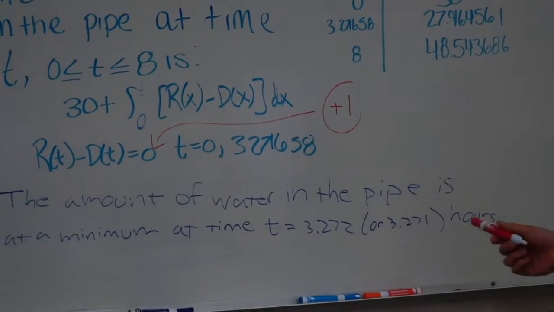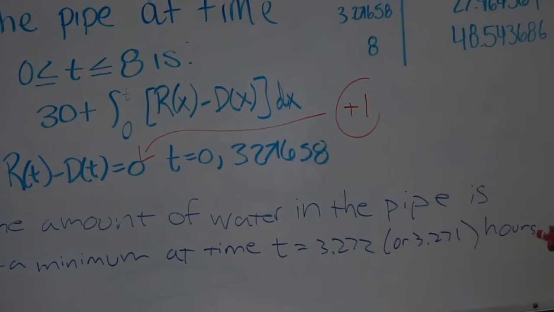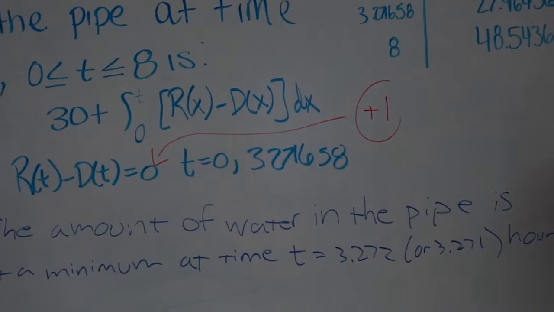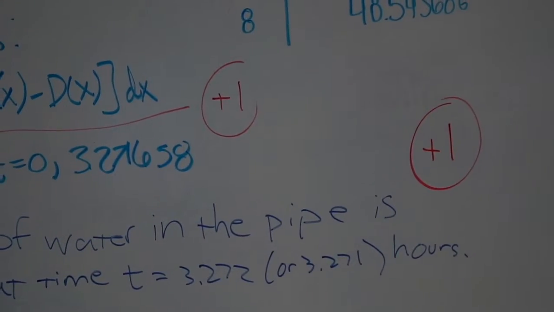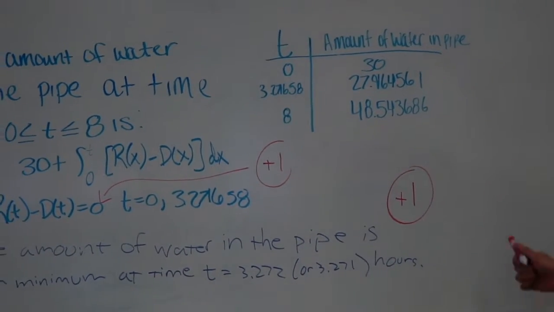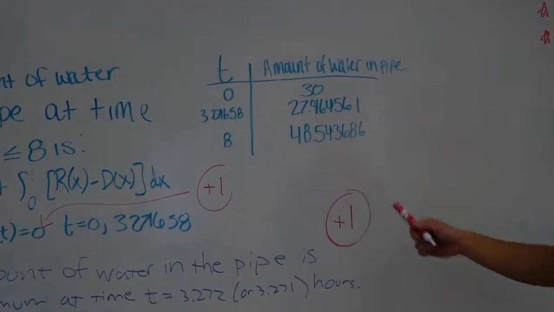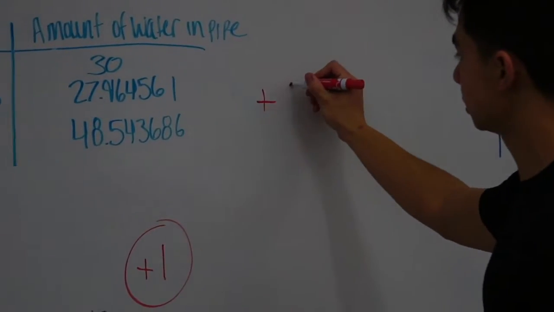The amount of water in the pipe is at a minimum at time t equals 3.272 hours. So that's another point right there. And then finally, you get 1 point for your justification, showing that 3.272 is in fact the minimum by comparing it with the 2 other endpoints, which is time is 0 hours and time is 8 hours.